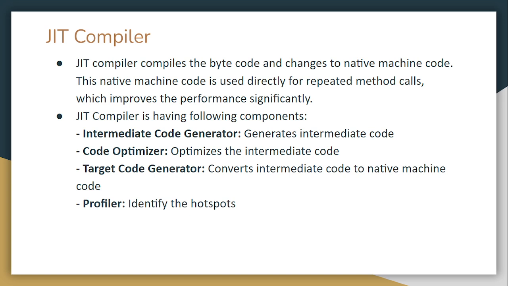Next, we need to convert this intermediate code to native machine code, and this can be achieved by target code generator. Now the main thing is profiler. In this case, we identify the hotspots. Hotspots means repeated method calls.